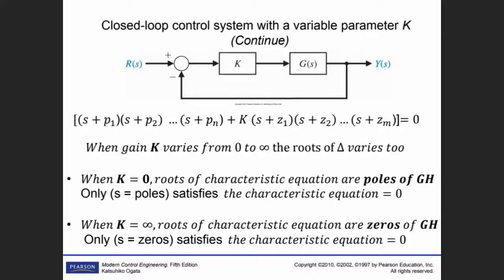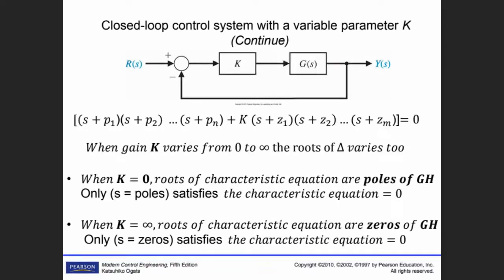And this tells us that for K equals 0, this term is already 0. So poles are defined. You start your journey for K equals 0 with your poles.